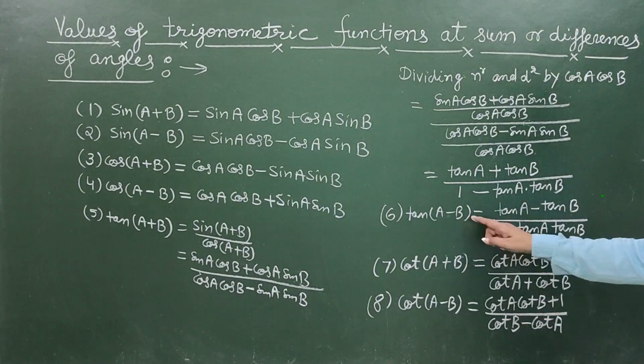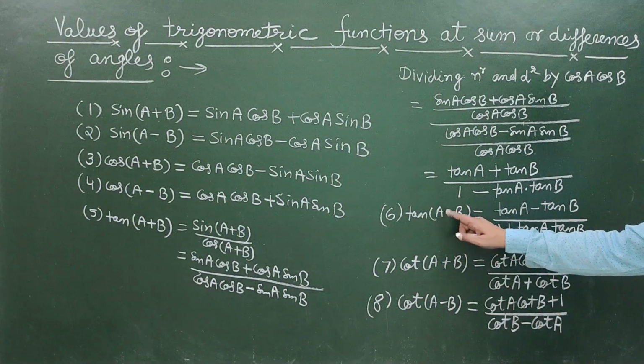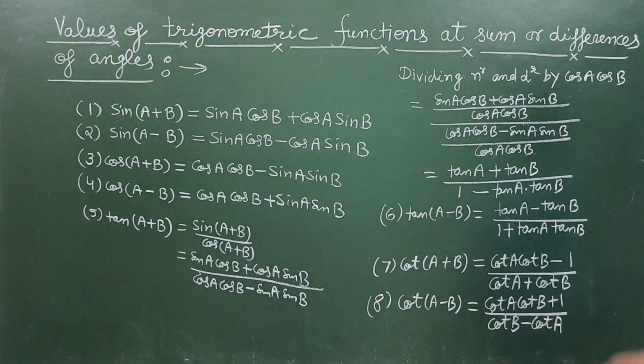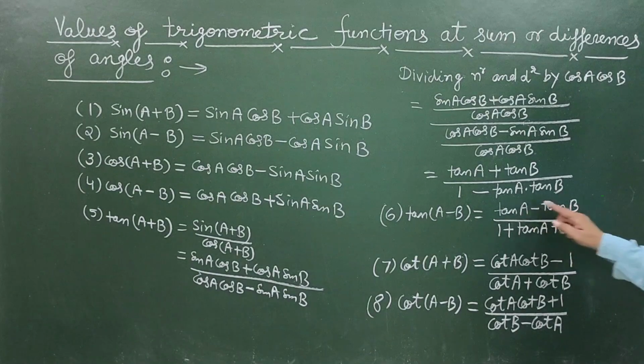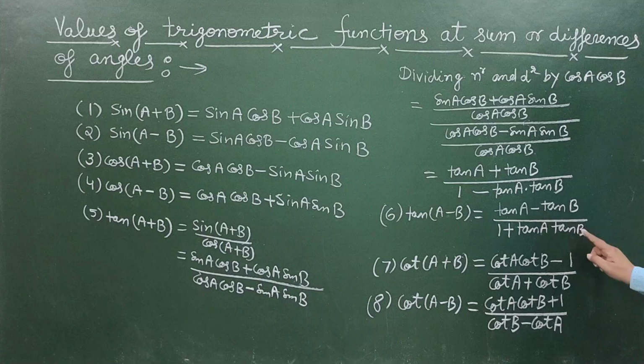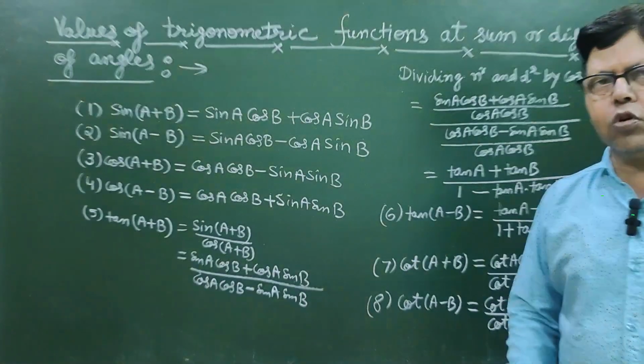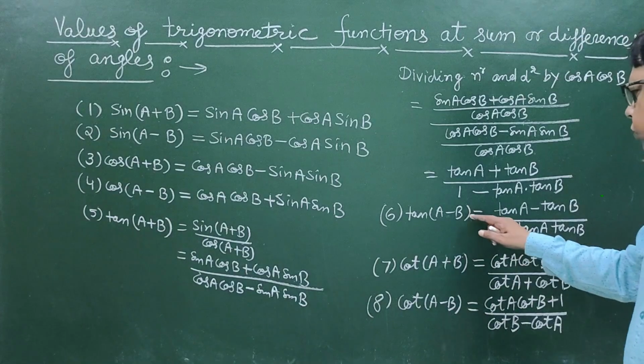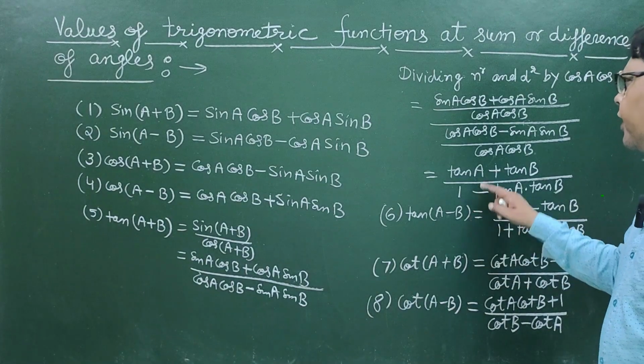This formula can be derived from here. Take the reciprocal, write 1 upon cot(A minus B) here, then 1 upon cot A, 1 upon cot B, and then take the LCM, you will get this formula. Many questions can be solved using these formulas, tan A minus B and tan A plus B.